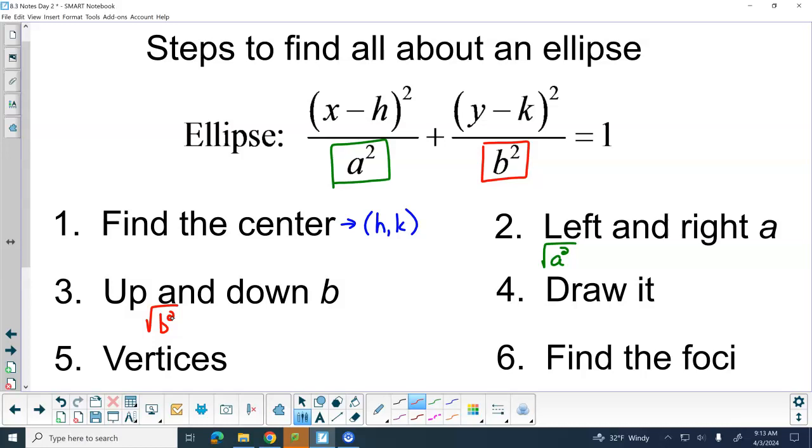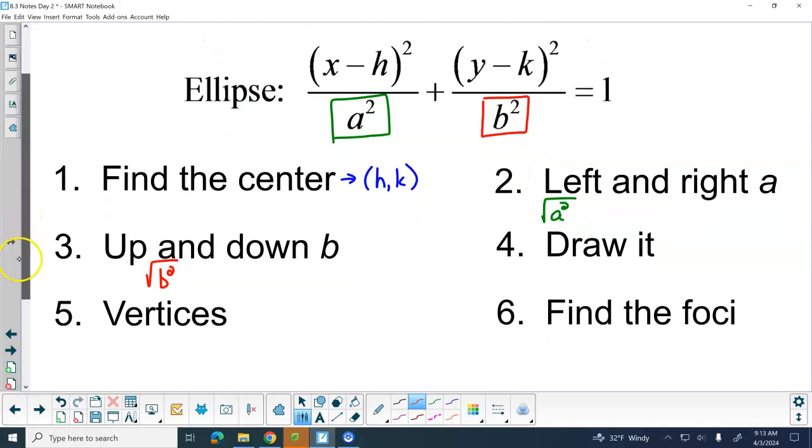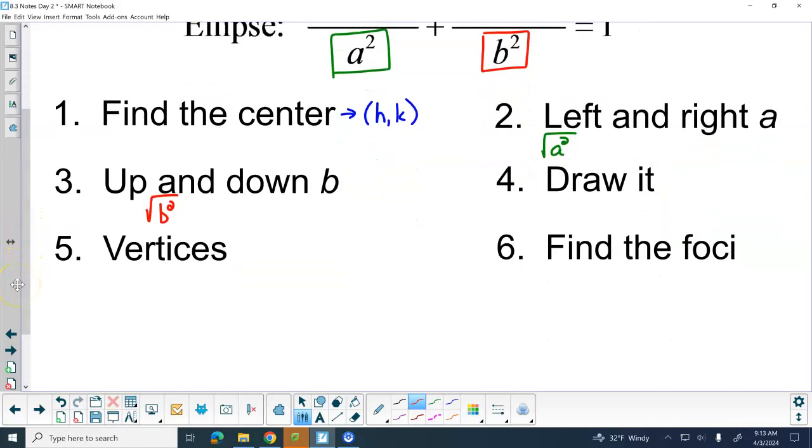Okay? And then lastly, vertices. The last two things. Where are the vertices? The endpoints. Whichever one's longer, the A's left and right, or the B's up and down, whichever one's longer, those endpoints are your vertices.